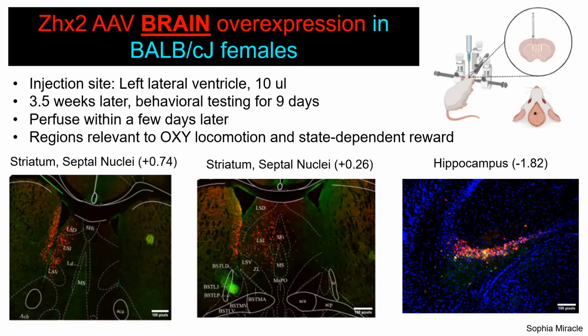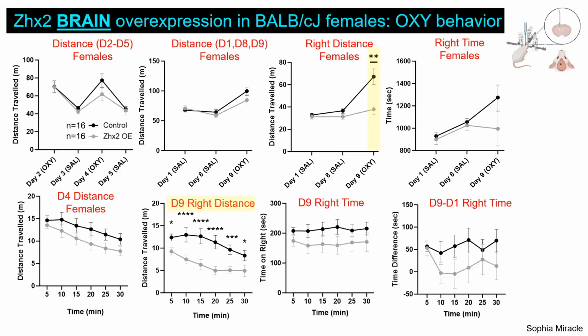So it didn't really penetrate the tissue too far. This is not what you typically see with a black 6 mouse when you do these AAV overexpression studies through the ventricles. But nevertheless, we did get some phenotypes. And so I think this is kind of a blessing in disguise if we choose to go forward with identifying the brain regions and cell types.